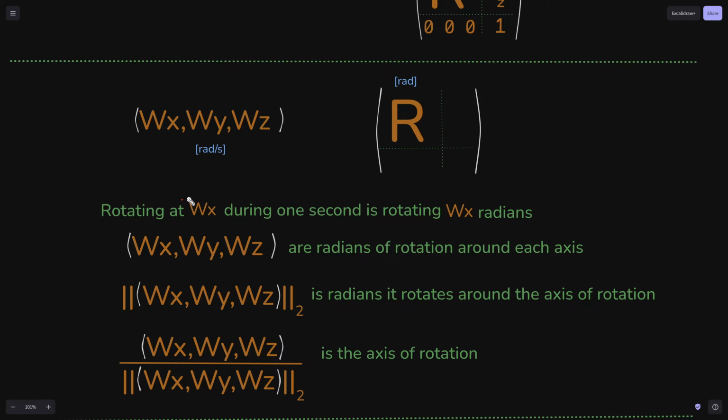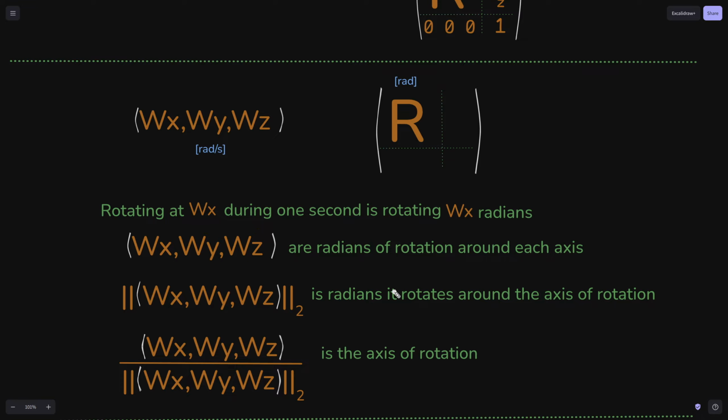Okay, so if I rotate at this angular velocity during 1 second, obviously this is what I will rotate. This is the total angles I will rotate. So despite this being radians per second in the more purest form, this would be also radians, okay? Just because we do that in a constant velocity for a second. So there you go. So these are the radians of rotation around Wx, Wy, and Wz, okay?